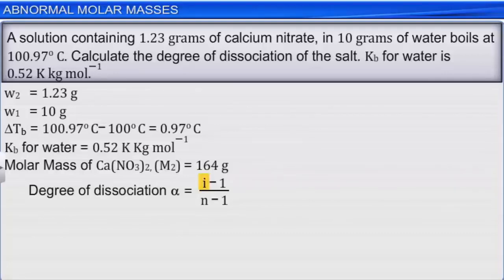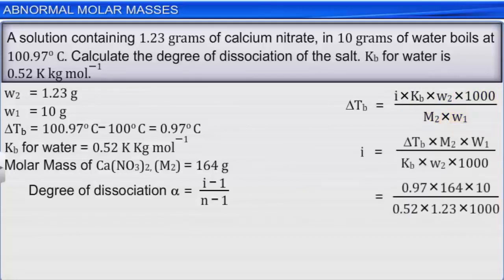Substitute these values in the modified equation for elevation in boiling point. Elevation of boiling point delta Tb is equal to i multiplied by Kb multiplied by W2 multiplied by 1000 divided by M2 multiplied by W1. On solving for i, we get Van 't Hoff's factor, i, is equal to 2.48.